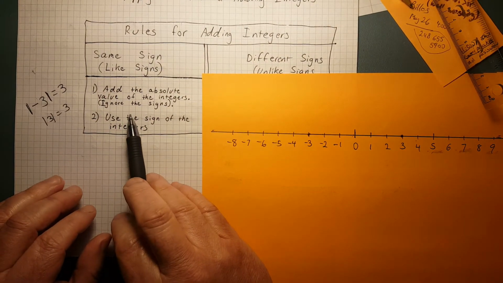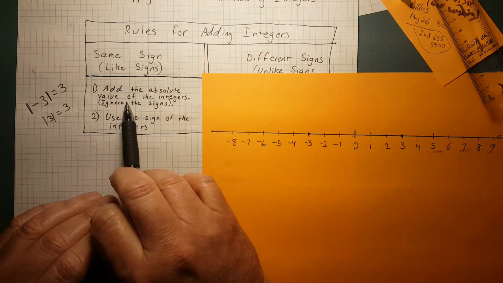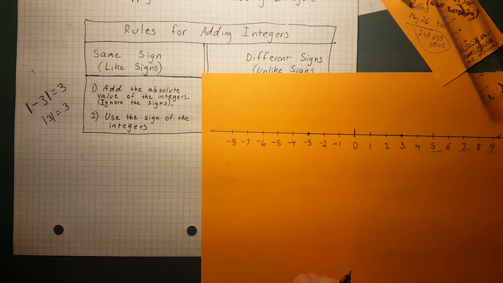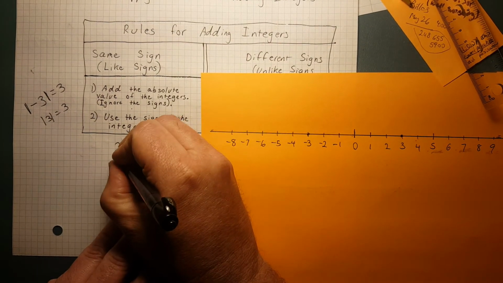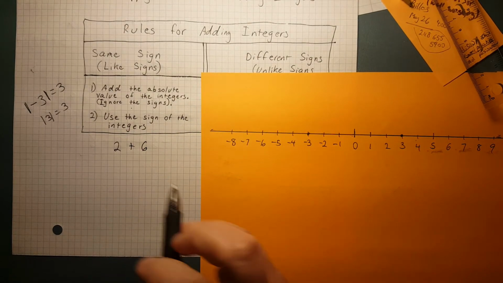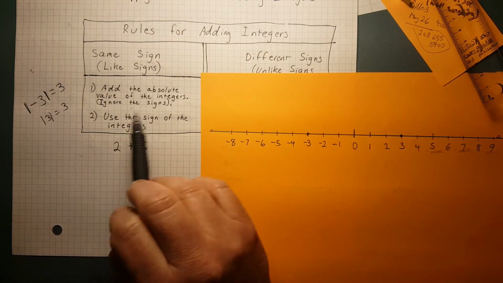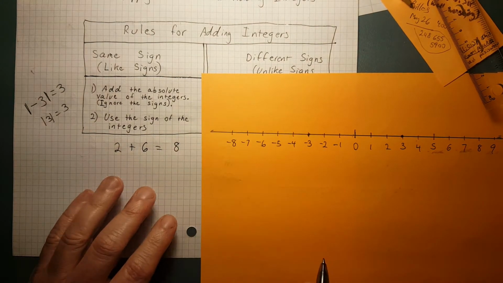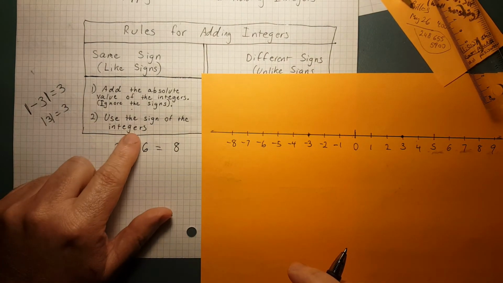So if they're the same sign, you just add them, ignoring the signs, then use the sign of the integers. For example, let's say I'm doing 2 plus 6. Of course, you've been doing that since first grade, but they're both positive, so you ignore the signs and just add 2 plus 6. Then you use the sign of the integers.